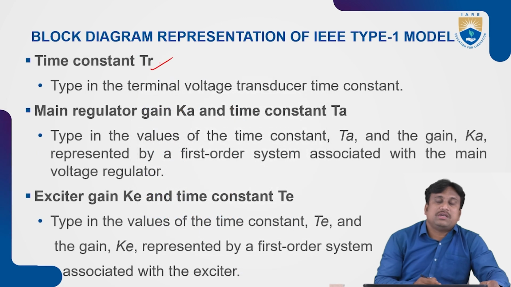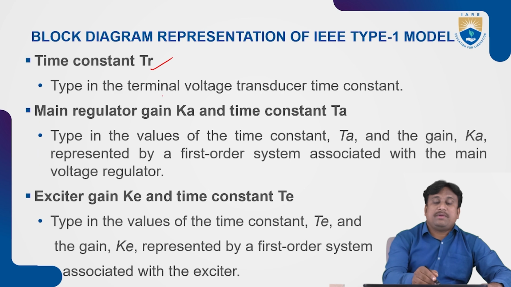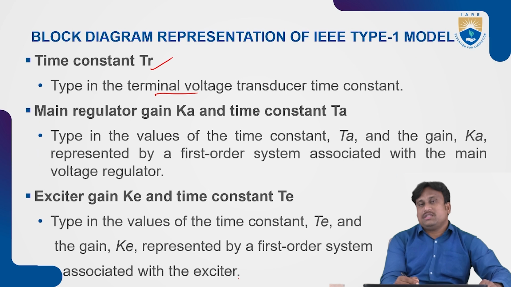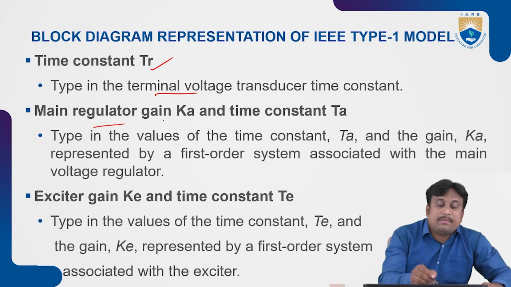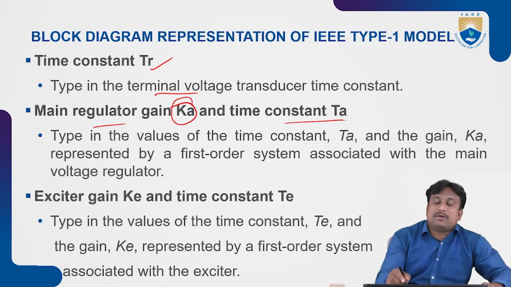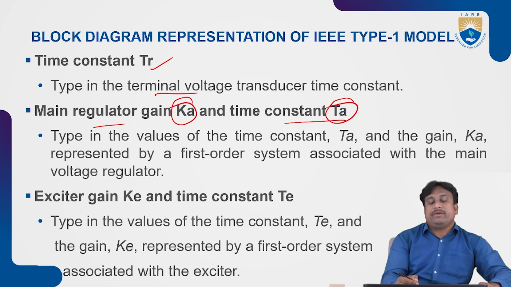The time constant is here represented as TR. So the terminal voltage transducer time constant is fixed, so it should not have any changes expected from the system. The main regulator gain is represented with Ka and the time constant TA.